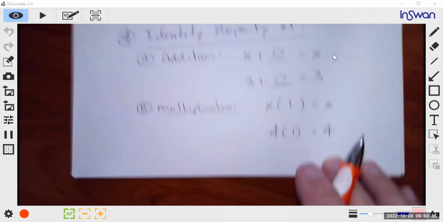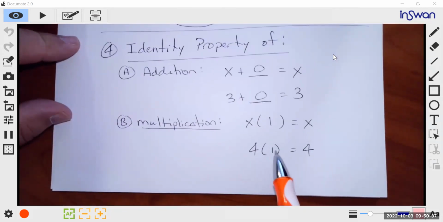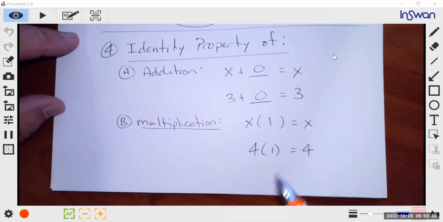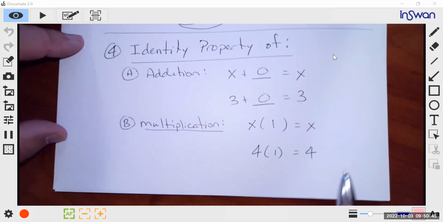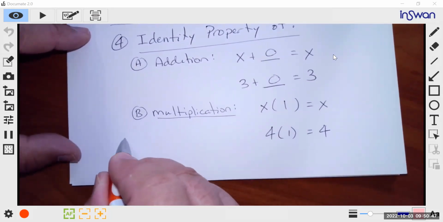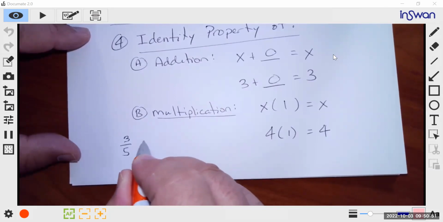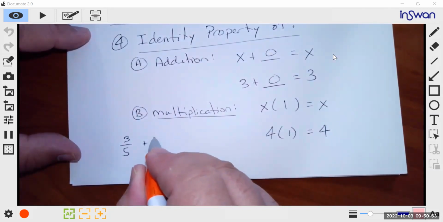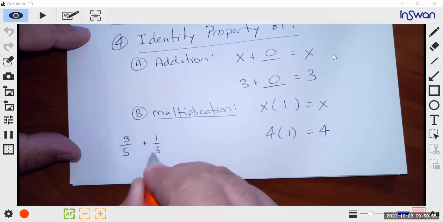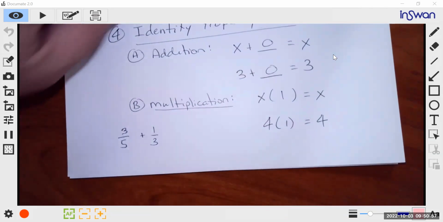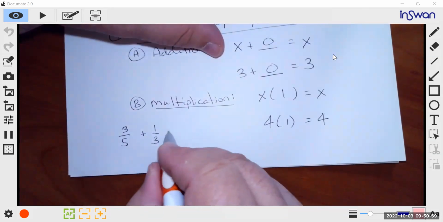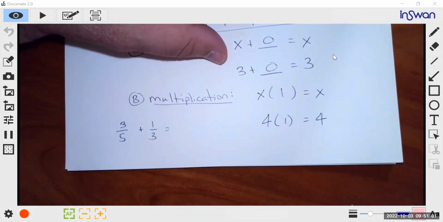Okay, now, have we ever done this before? Talk about multiplying by 1. When we talk about fractions, if I had 3/5 plus 1/3, you can't add them until you have a common denominator.